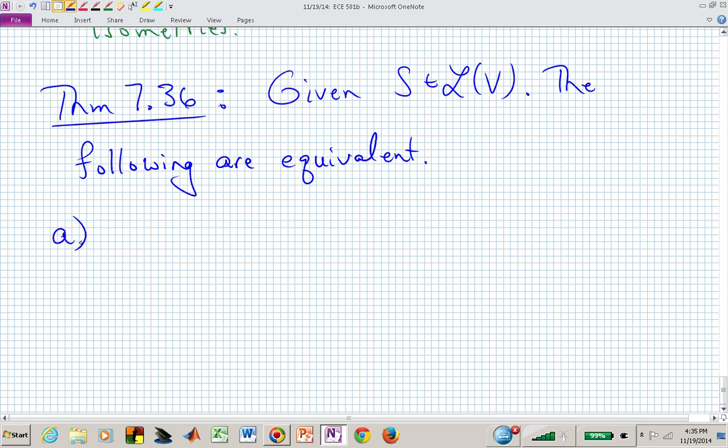First, S is an isometry. And that just means that the norm of SV is equal to the norm of V for all V in our vector space.